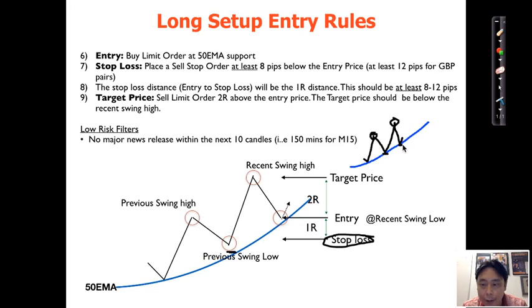Now, I'm gonna buy right here, right? That's my buy point, right at that 50 moving average. Can you see that? Okay. So if I can place my stop loss here, which is below the previous swing low, that would be ideal. Okay.